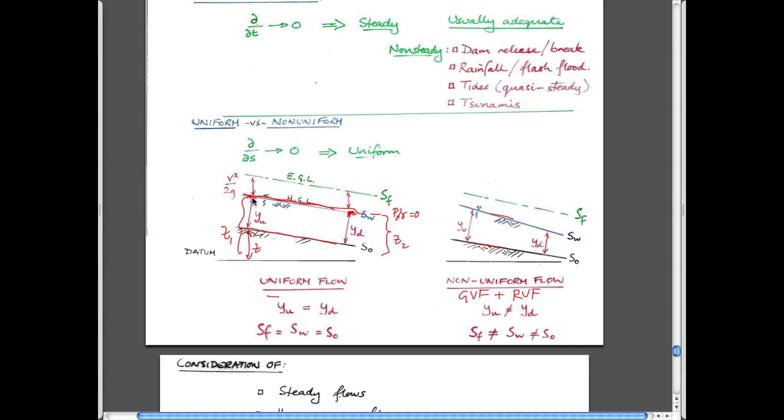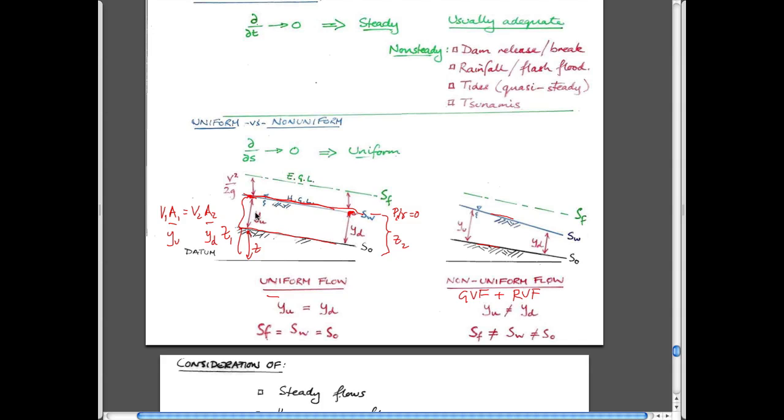And since this height isn't changing upstream and downstream, we know from continuity that velocity 1 times cross-sectional area 1 has to equal velocity 2 times cross-sectional area 2. Cross-sectional area 1 is just equal to y upstream times the width, and cross-sectional area 2 is just y downstream.